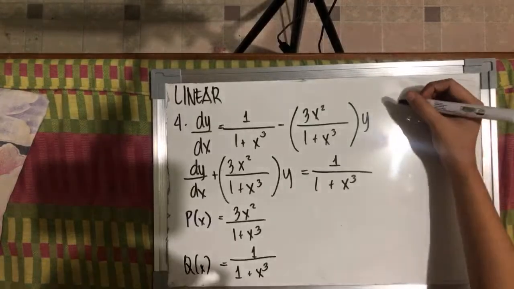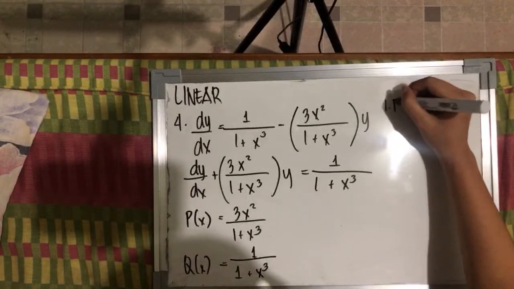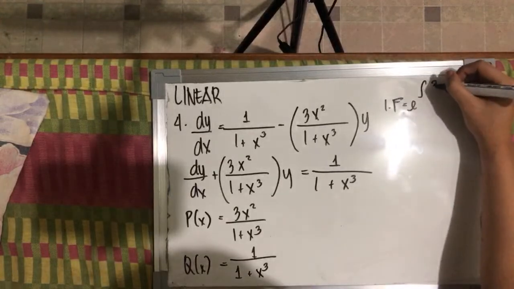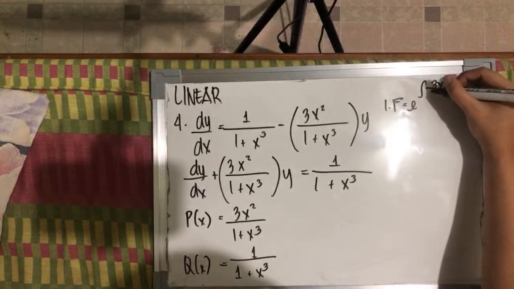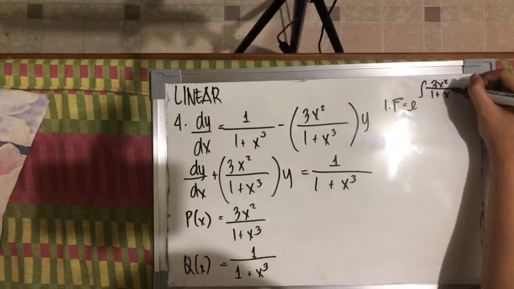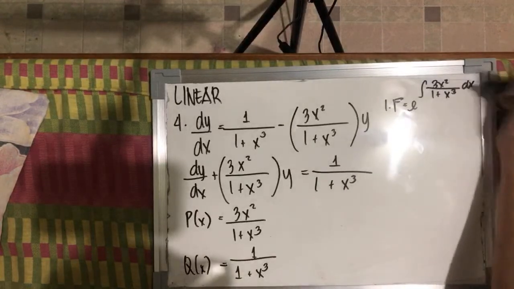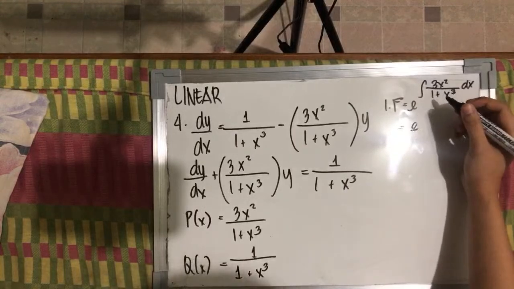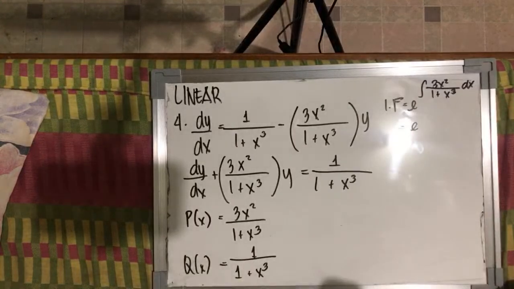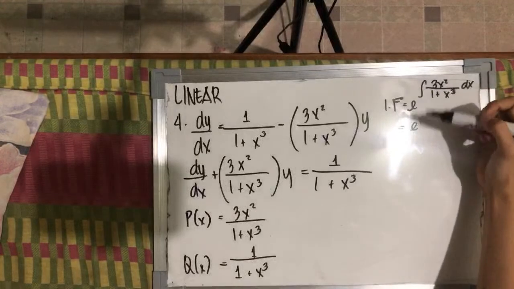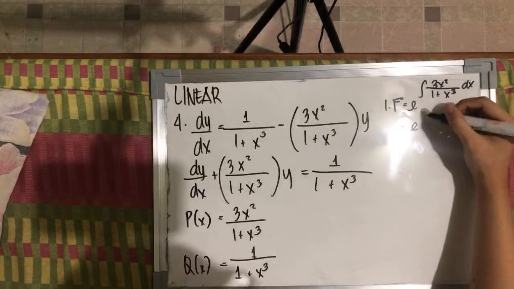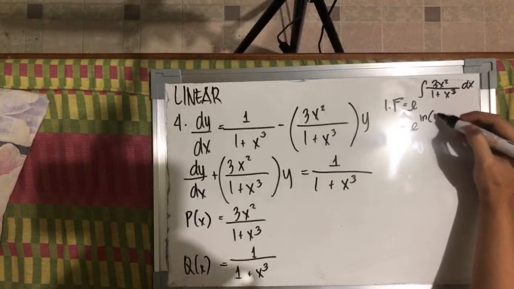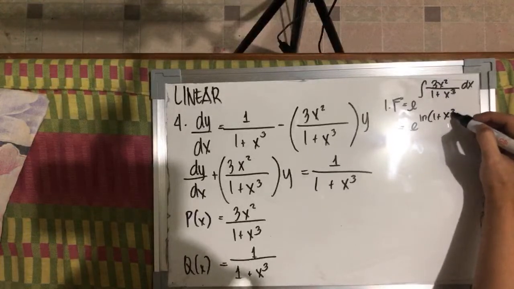So, solve natin yung integrating factor. e raised to the integral of p of x. So, 3x squared over 1 plus x cubed dx. So, ito magiging e raised to ln of 1 plus x cubed.